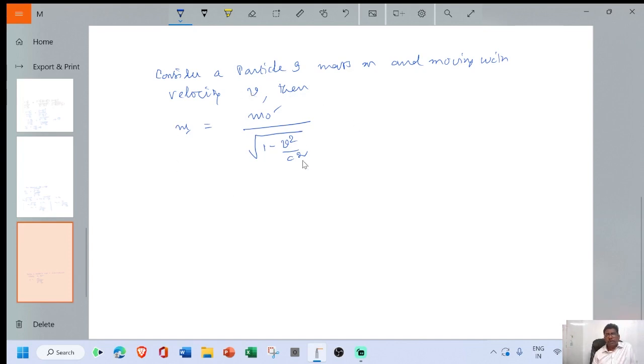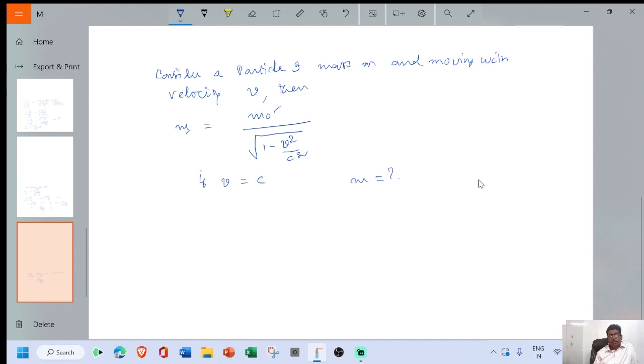If the object is in the classical limit, we can apply our Newton's law. Suppose the object is moving with velocity appreciable to velocity of light, that means closer to the velocity of light, its mass is not a constant, it has two masses, one is rest mass and another one is moving mass. If v equal to c, then what is the value of m?